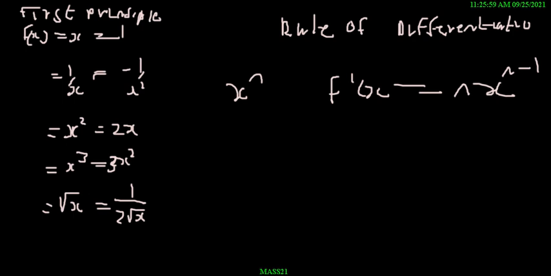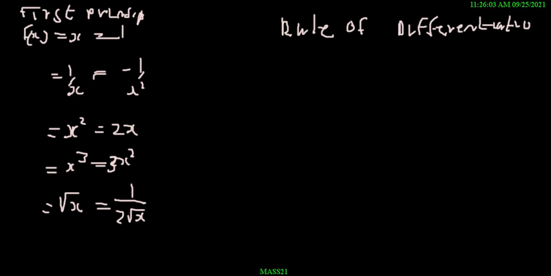So let's see if we find this one, the derivative of x. So f(x) is equal to x, and we need to find the derivative. Our derivative is going to be equal to our power.